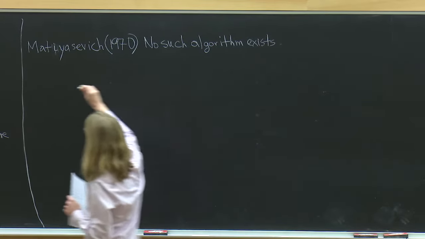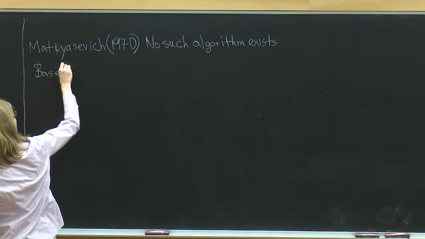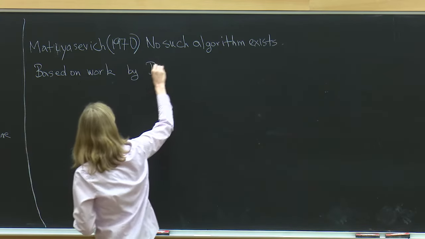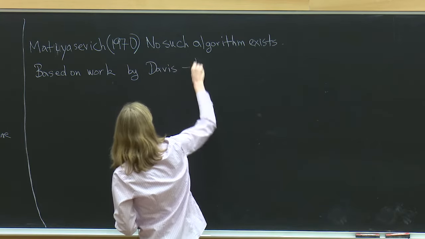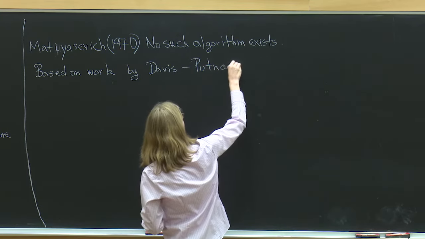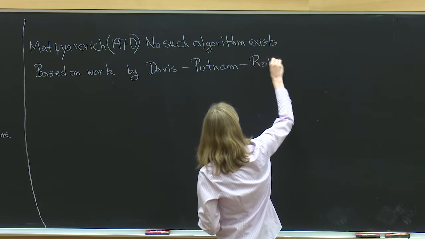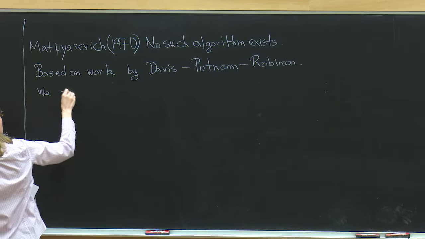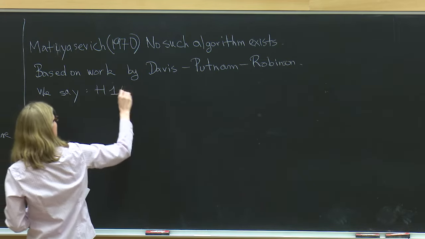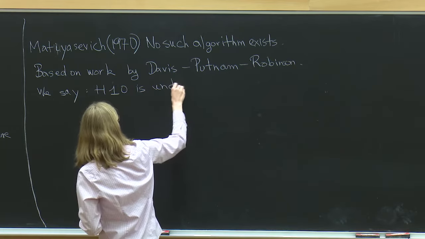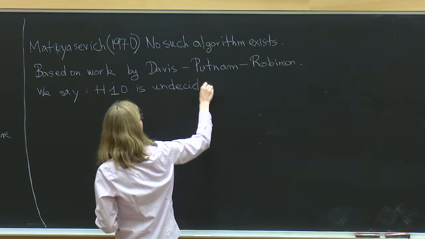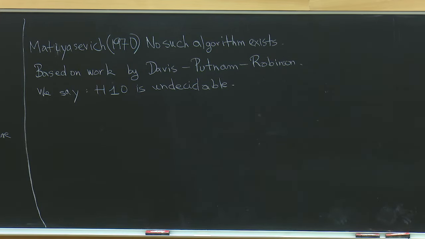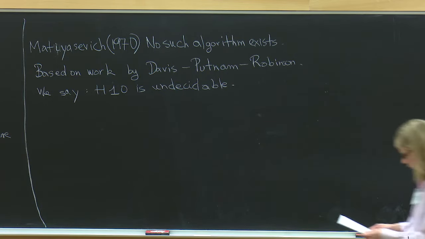This was based on work by Martin Davis, Hilary Putnam, and Julia Robinson. Usually for short, we just say that Hilbert's 10th problem is undecidable. So there's no algorithm that decides whether polynomials over the integers have integer solutions.